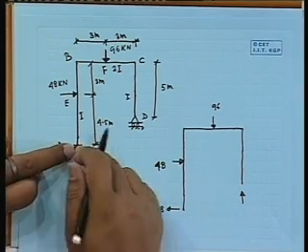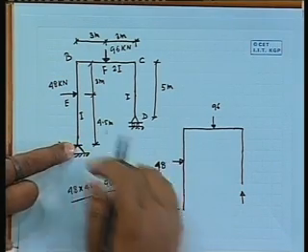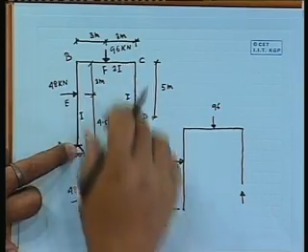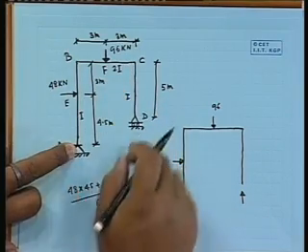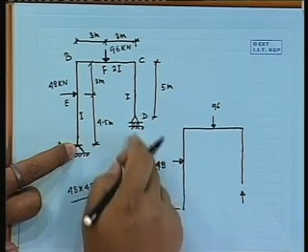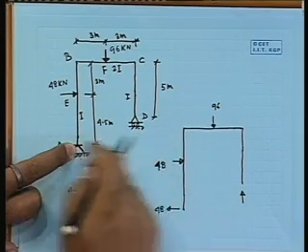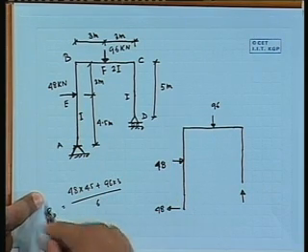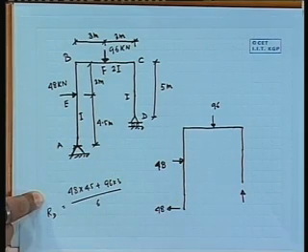If we take moment about A. So, 48 into 4.5 it will give a moment, 96 into 3 it will give a moment. That moment should be balanced by your reactive force at D upward, that into the distance 6, it will be your reaction at D, right.